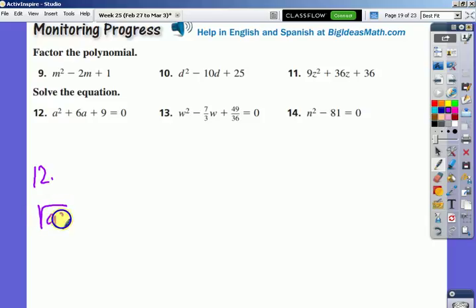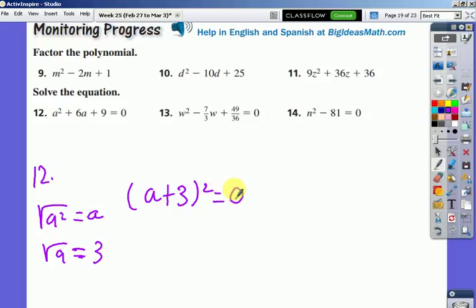Square root of a squared is a. Square root of 9 is 3. 3 times a is 3a. Double that is 6a. That works. So it's going to be of the form a plus 3 squared equals 0. I should know automatically I get a double root because of the square, so my answer is a equals negative 3.